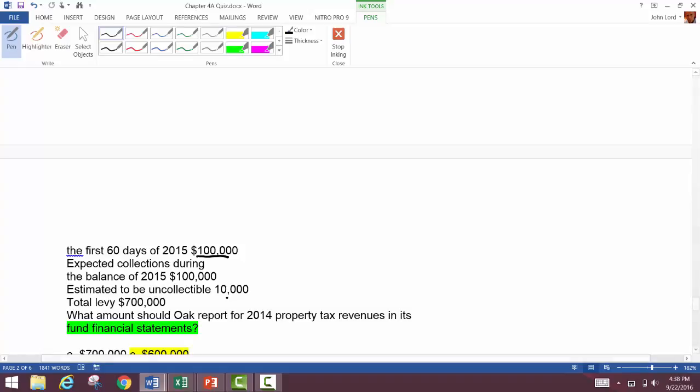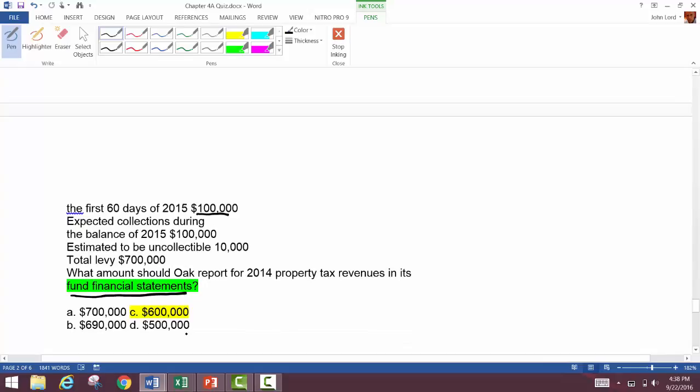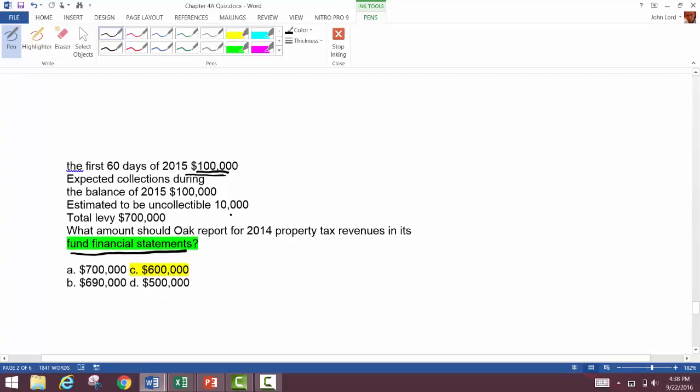They give me the total levy, and then we're talking about what statements? Fund financial statements. So it's what I collected during the year or within 60 days. It's modified accrual, right? So it's 600,000. The 100,000 that was going to be within the first 60 days, and the 500,000 they collected during the year.